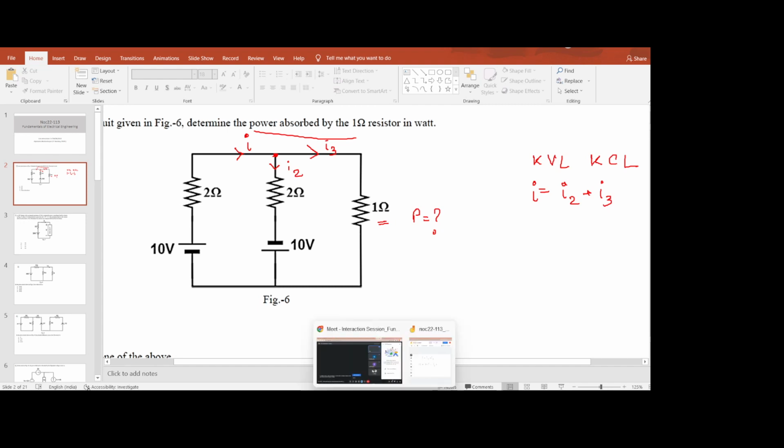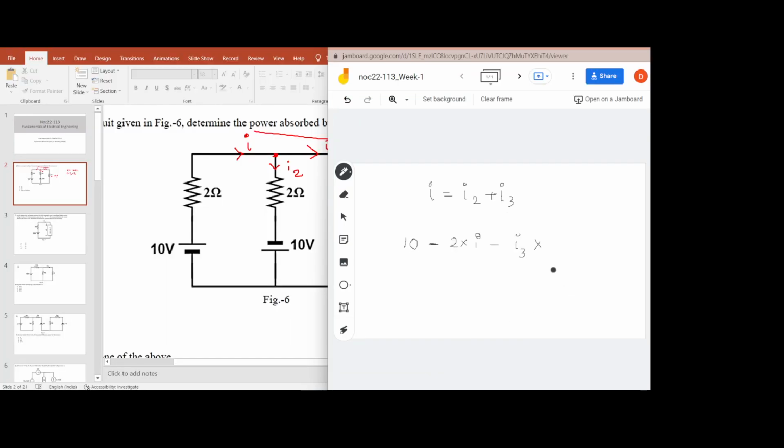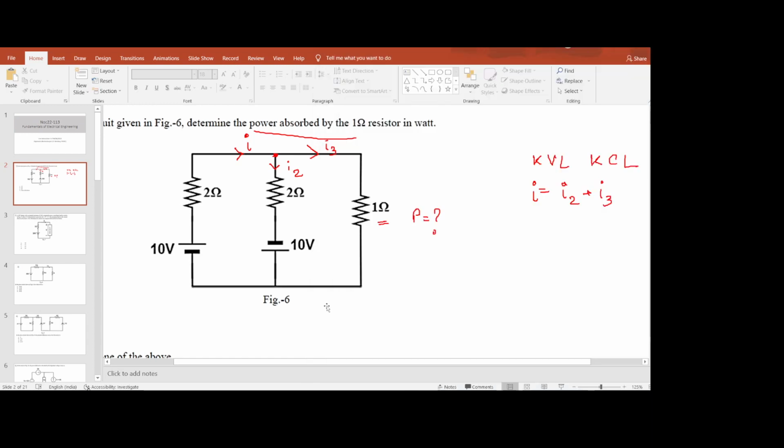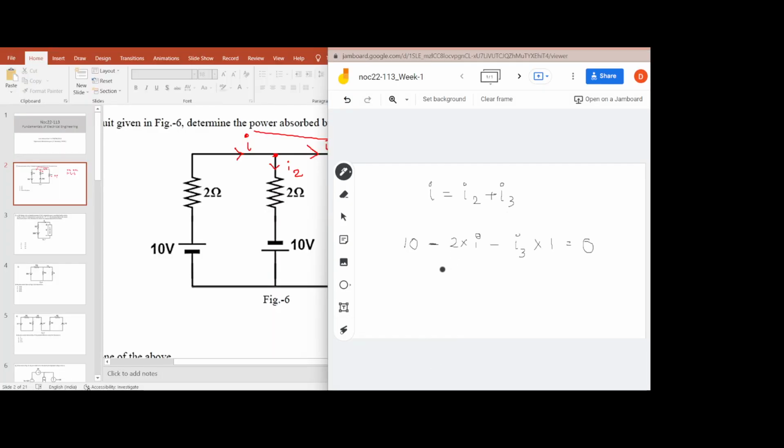So minus I3 into 1 will be equal to 0, because, if we apply KVL across this outer loop, we get the summation of all the power in the entire circuit. Because of the conservation of power, it comes out to be 0. So 10 minus 2I will be equal to I3.